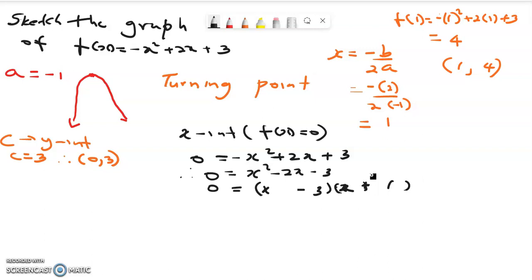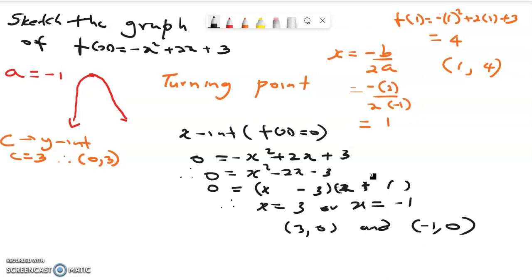Then the bigger factor takes the sign of the middle term, so minus 3, and it's positive 1. Then we can solve for x: x is equals to 3 or x is equals to -1. So we have x intercepts at 3 and 0, and at -1 and 0.